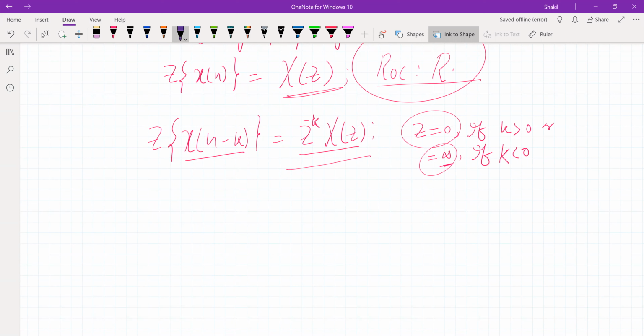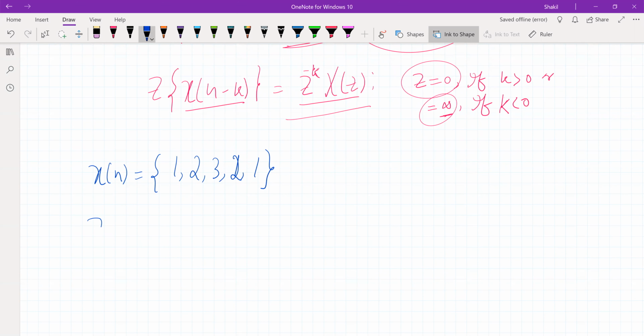Now let's suppose our sequence x of n is given to us, and let's take an example like this. Suppose this is x of n. Then we know the Z transform, we have already computed it.